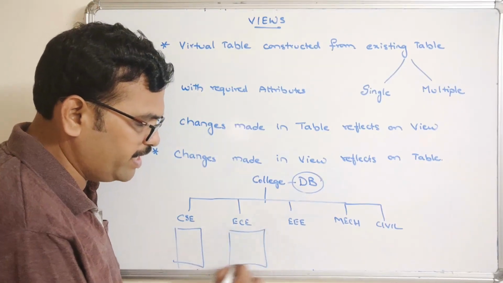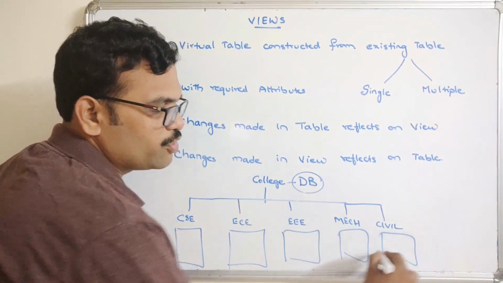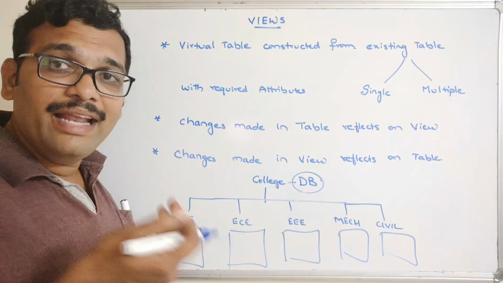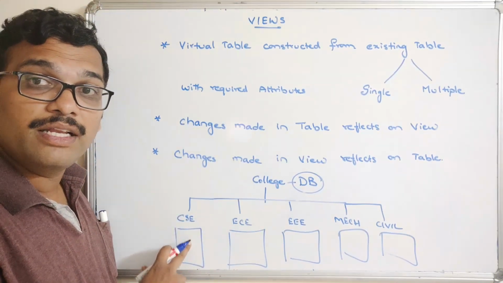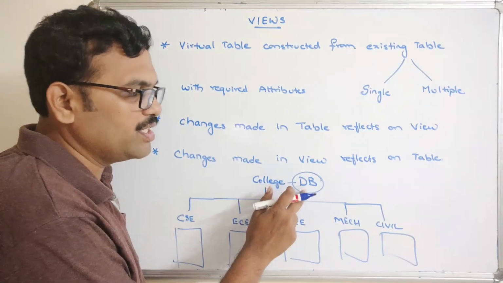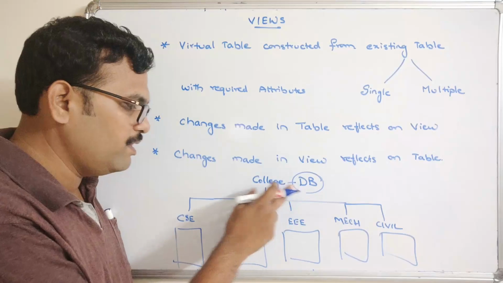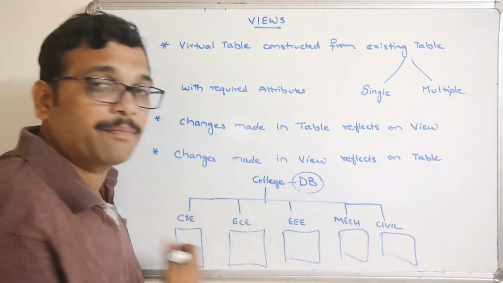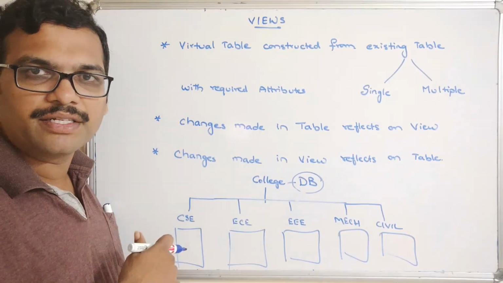Similarly, ECE student details should be maintained here, EEE students, mechanical students, and civil students. If there are any modifications done on some CSE students, automatically that should be reflected on the college database, that means the original database, because the college will also maintain the database of all the departments, right? And individually the department will maintain the student details.